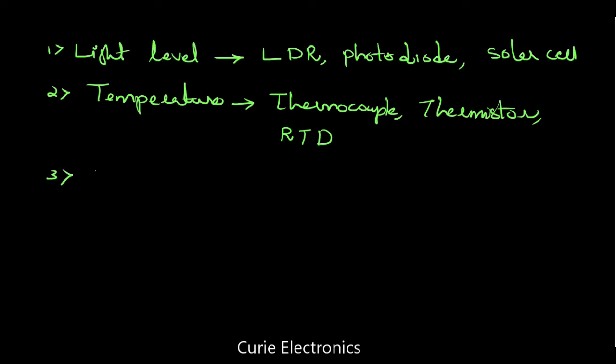Then if you want to find position, what are the sensors we can use to find position? For position, simplest thing is potentiometer. Potentiometer, it's a variable resistor.